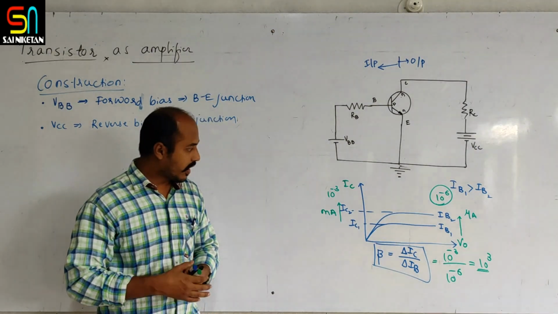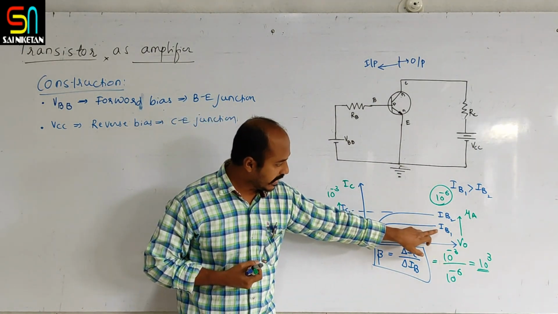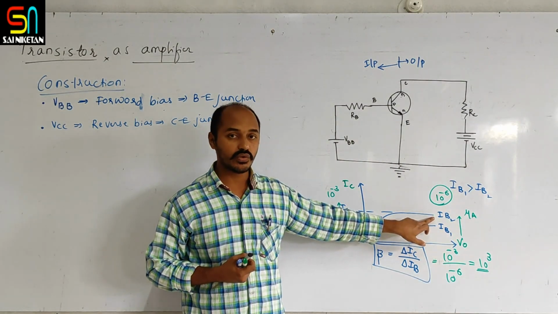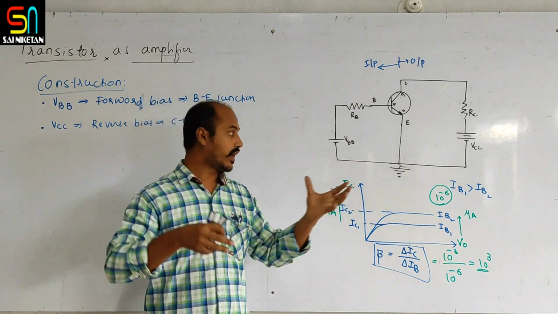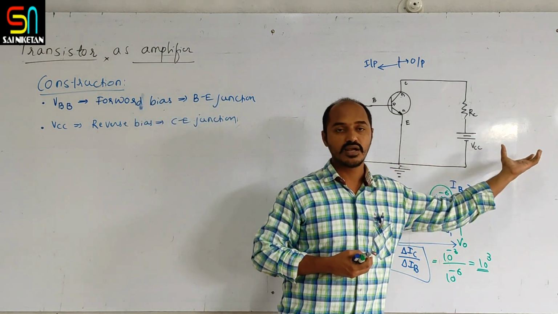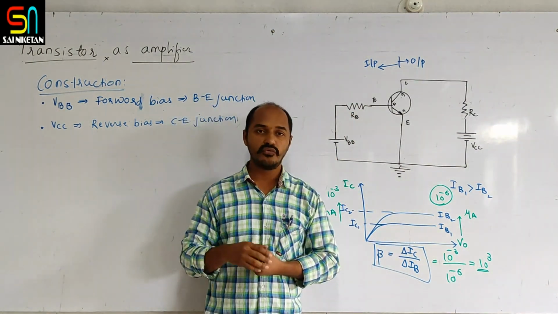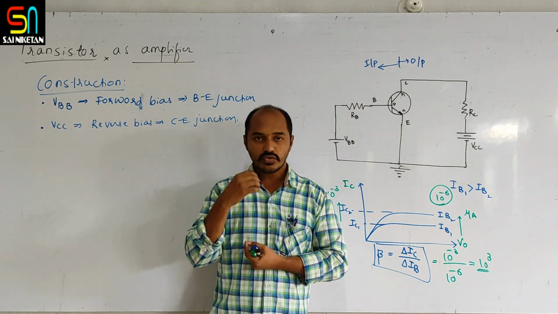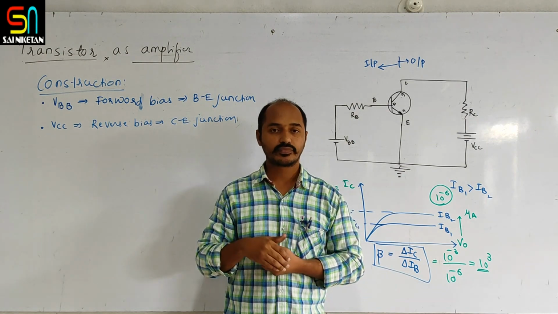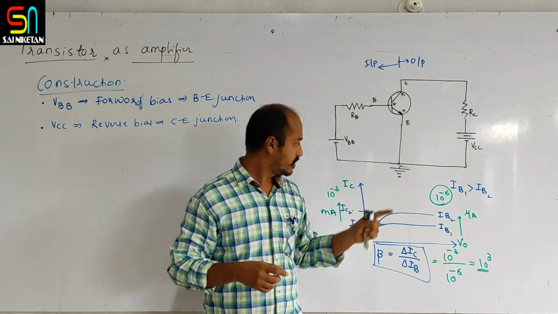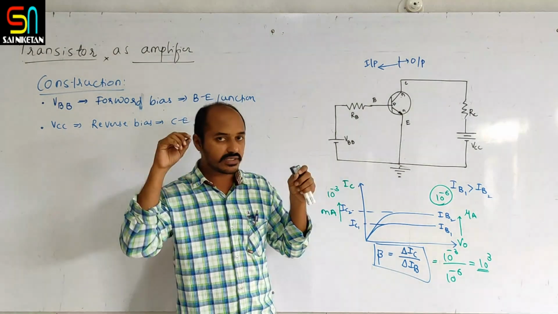Now coming back to this one, we need an increment of the input current so that we will get the enlarged output current, or you can say an enlarged output signal. Let us take one simple example of a mic and a loudspeaker. In a mic and loudspeaker, a direct current battery will be there, and a mic will be there.